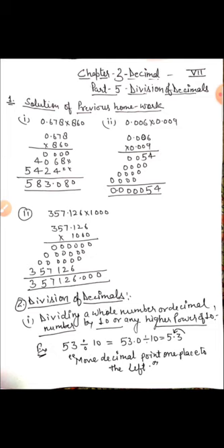Here we have taken some questions from exercise 3b, and the first is 0.678 multiplied by 860, because in the previous video I explained multiplication of decimals. So don't panic about the decimal, because you now know how to solve the multiplication of decimals.